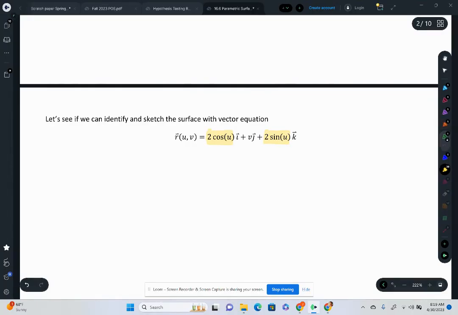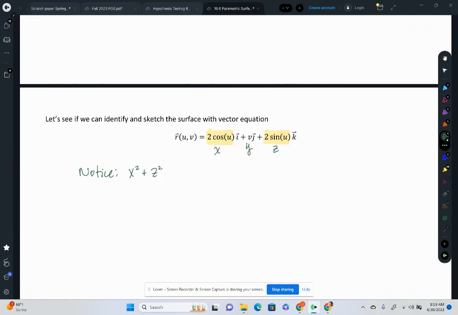And so there's a relationship between x and z, okay? I'm noticing, so if this is x, this is y, and this is z, then I could first say, well, what is x squared plus z squared going to equal? Well, I'm going to go ahead and plug in 2 cosine of u. If I square that, I get 4 cosine squared of u.